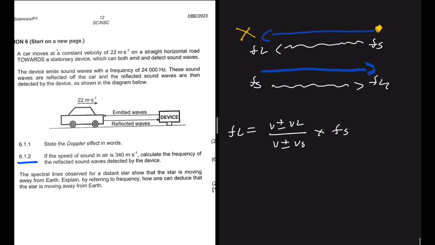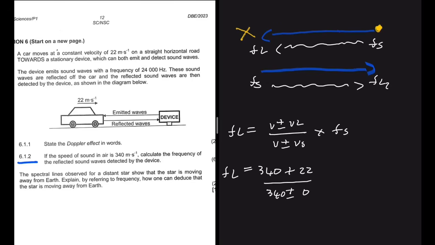So the frequency observed by the listener, or the frequency that strikes our vehicle, will be equal to 340, and our vehicle is moving towards the device, so we have plus the velocity of our listener, which is 22 meters per second, divided by 340 plus or minus the velocity of the device, which is 0.